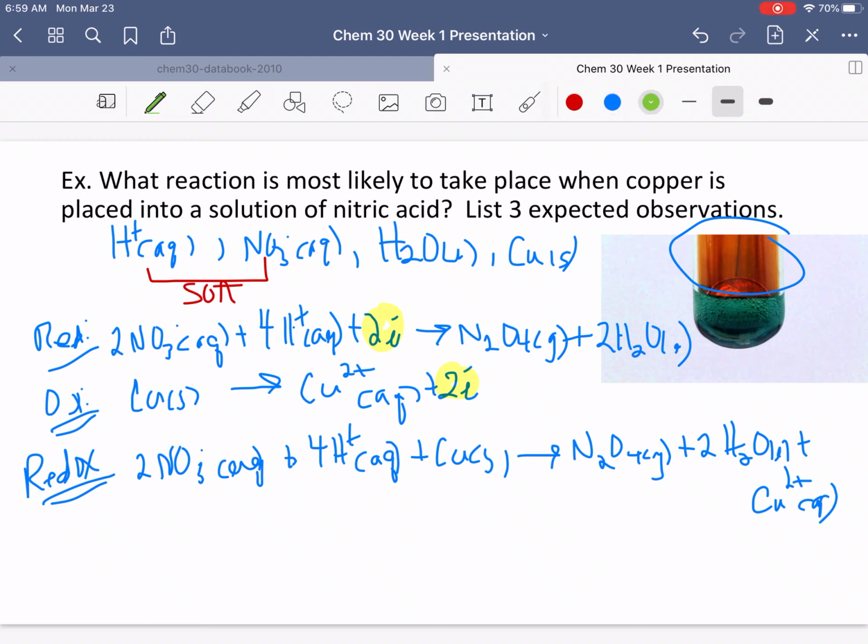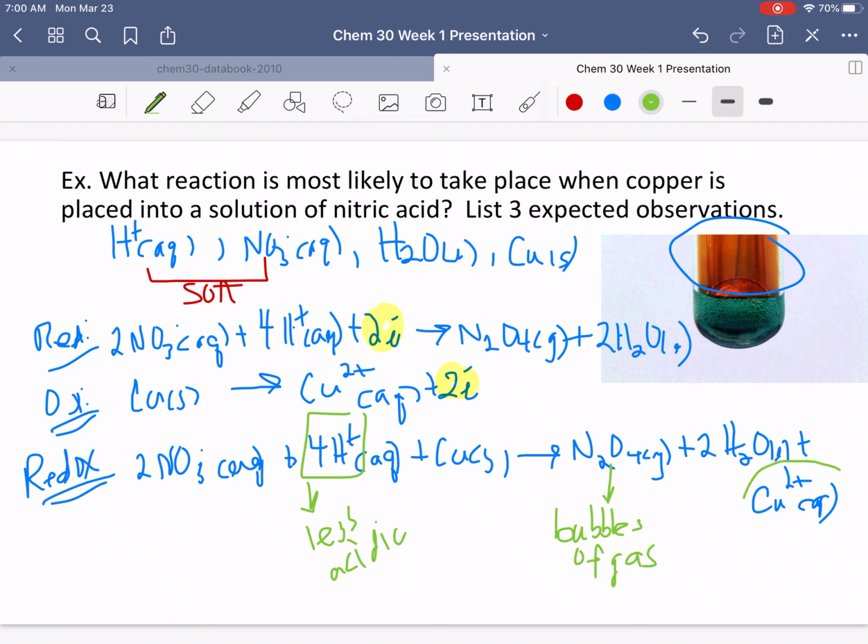Check out those observations again. Because the 4 H+ is being reacted, this whole system is going to become less acidic. You're also going to see, because of the dinitrogen tetraoxide, bubbles of gas produced.